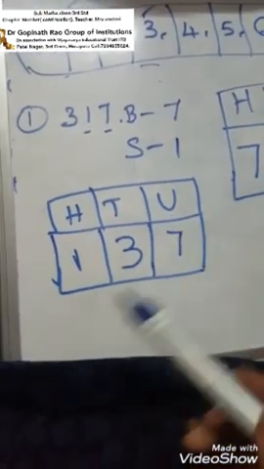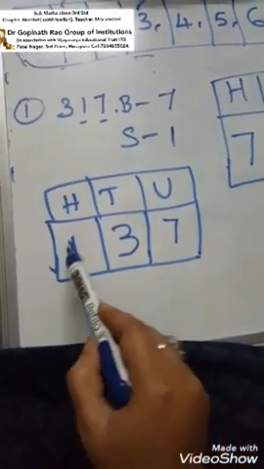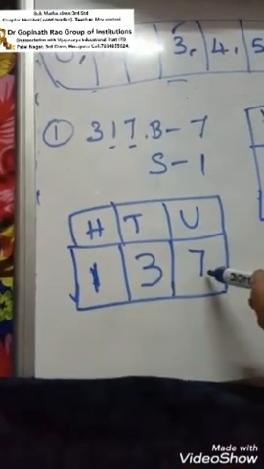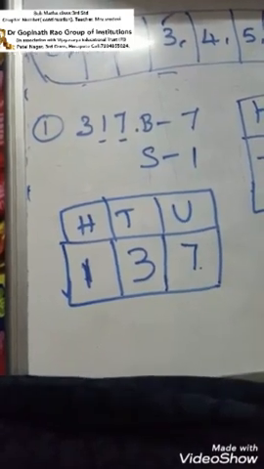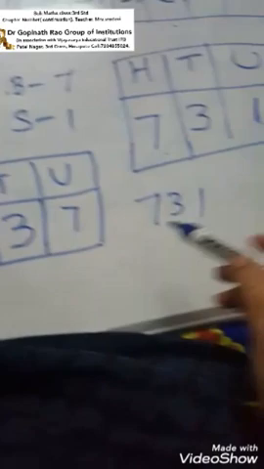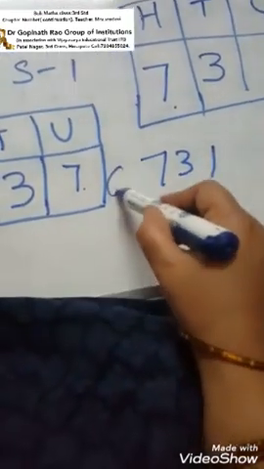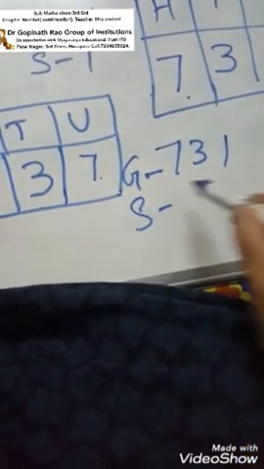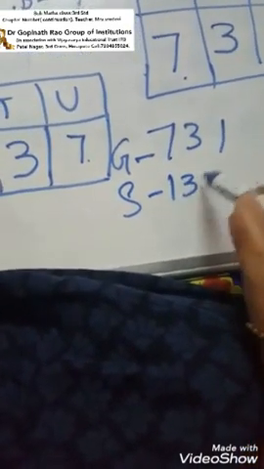So what happens now? Read it. 137. So compare now 731 and 137. Which is the biggest number here? The greatest number is 731 and the smallest number is 137.